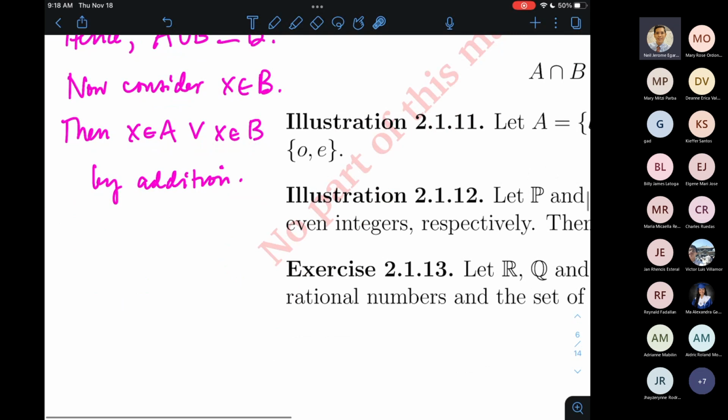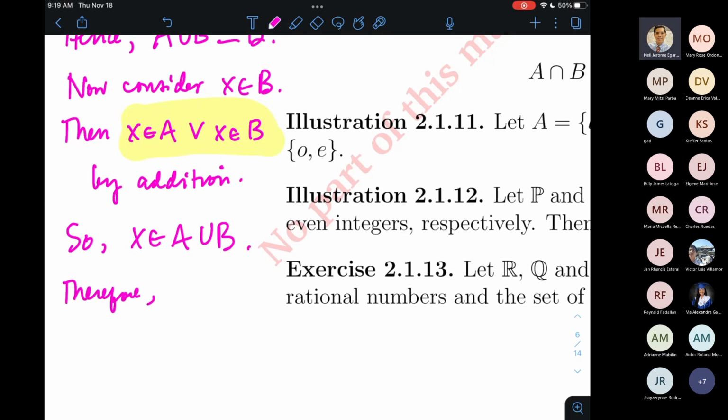Okay? So, but essentially here, this guy that we have so far is the very definition of being in the union of two sets. X element of A or X element of B. So that means X is an element of A union B. Okay? So therefore, we have shown here that X element of B implies X element of A union B. So that's the very definition of being a subset.